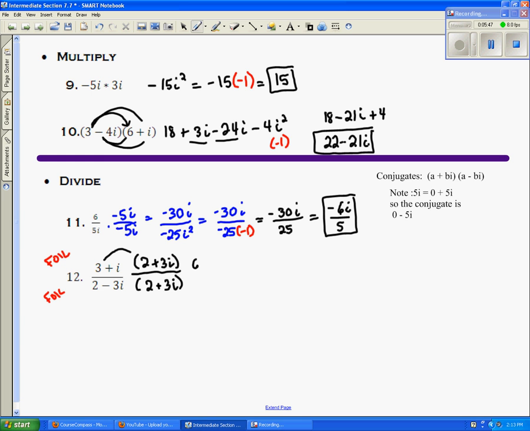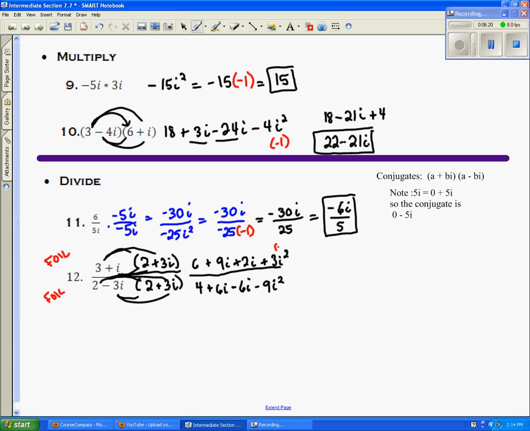We're going to get 3 times 2 is 6 plus 9i plus 2i plus 3i squared, all over 4, first, outer plus 6i, inner minus 6i, last is minus 9i squared.